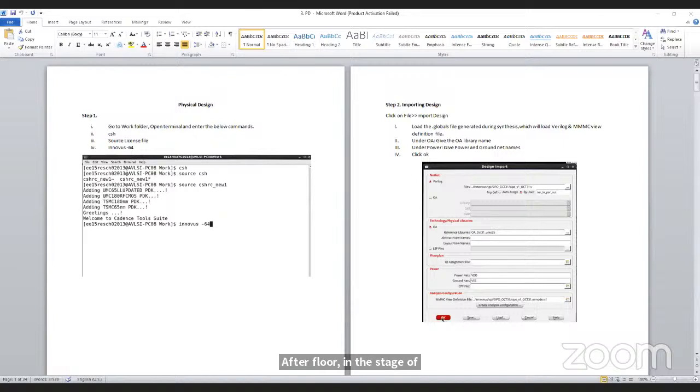For that, I need to assume the gate area and some buffer space for routing, clock synthesis, and some engineering change orders, ECO. Whatever I'm speaking, the terminology is important in VLSI.